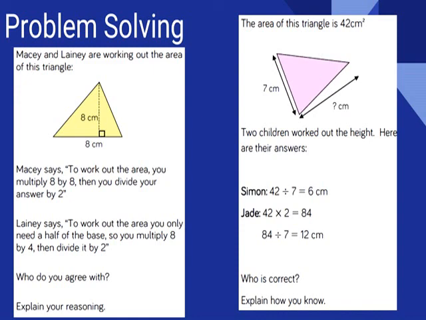Who is correct? And explain how you know. So remember there you are looking for the height of that triangle. So use your formula, and when you've got your answer, put your numbers into your formula. Remember you need to get the area, which is 42 centimetres squared. So check it by using the formula when you've got your answer.